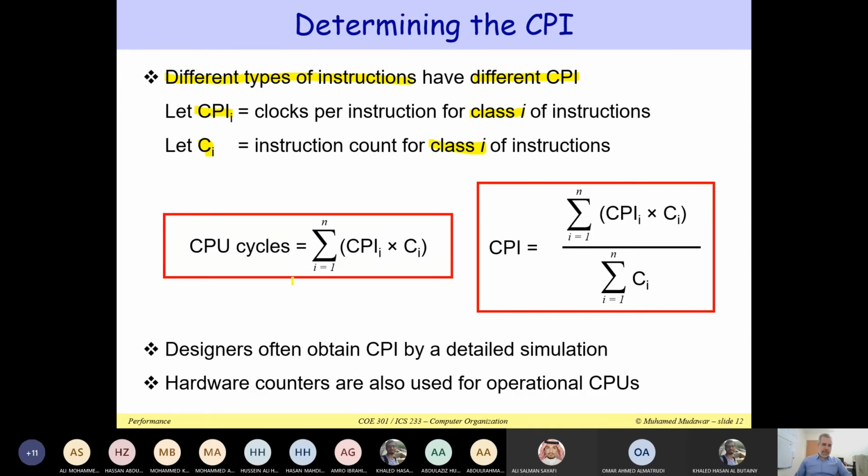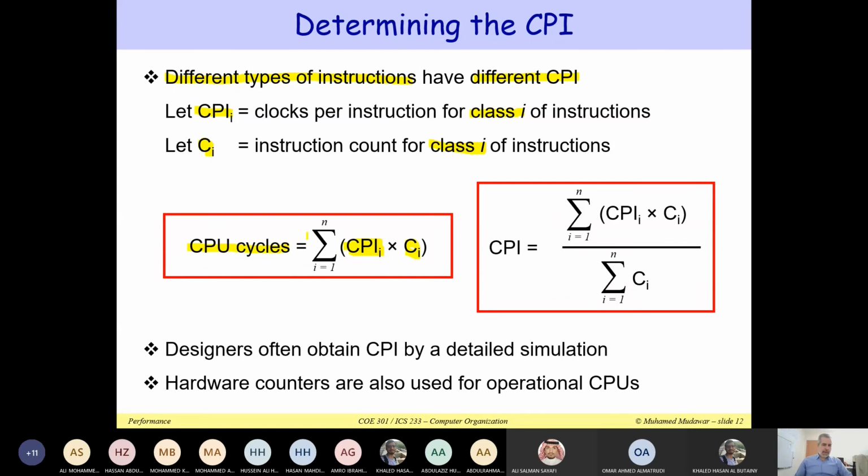Therefore, we can determine the total number of CPU cycles by counting C sub i, which is the count for class i of instructions. So count the instructions that are of class i, and then multiply it by the CPI sub i. This is how we calculate the number of CPU cycles, and of course add.